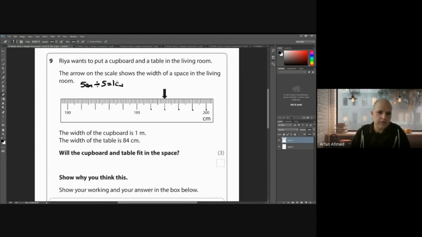It's a bit messy, but you get the idea. That should say centimeter, let me fix that. So if that's 1 centimeter, that's 196. That's going to be 197 right there. So that's 197 centimeters, the width of the space.